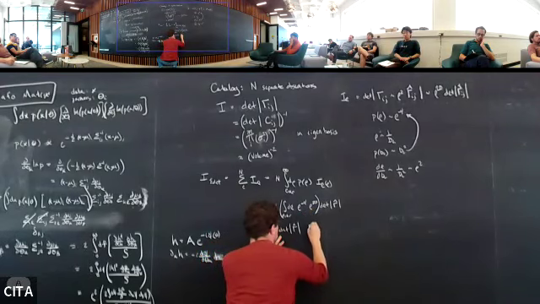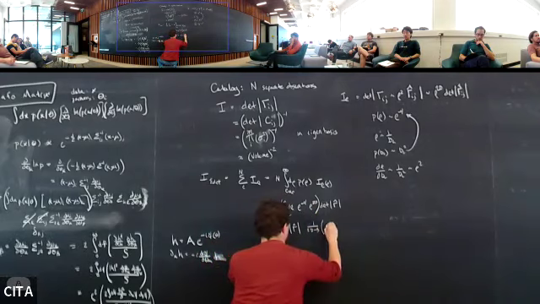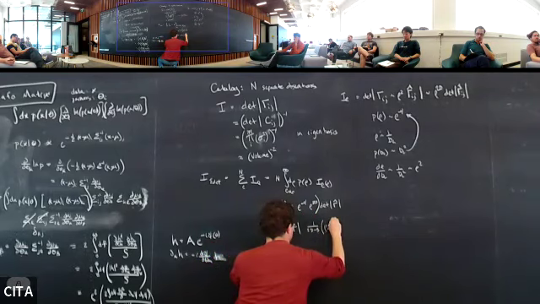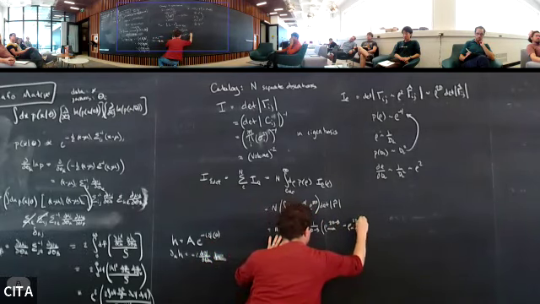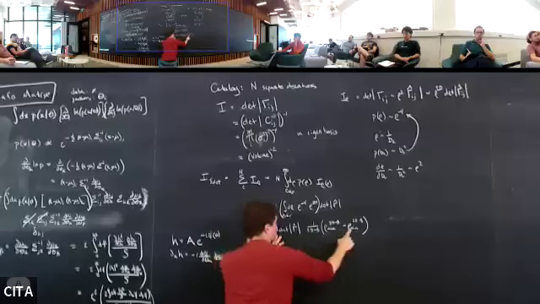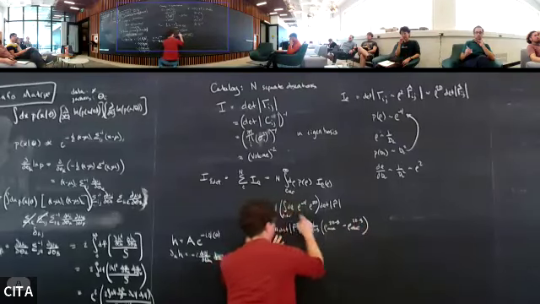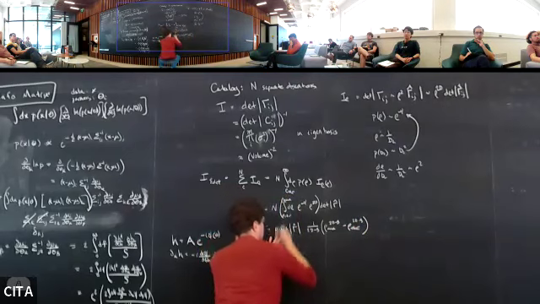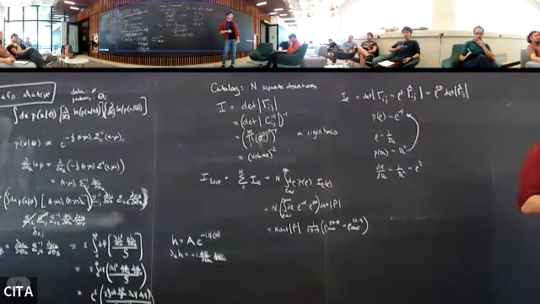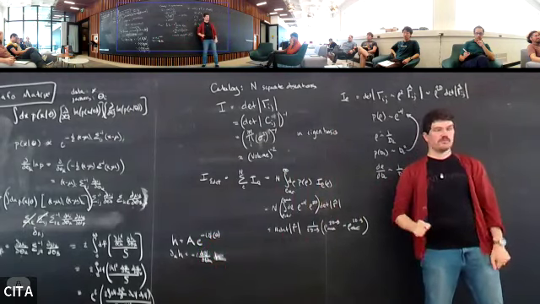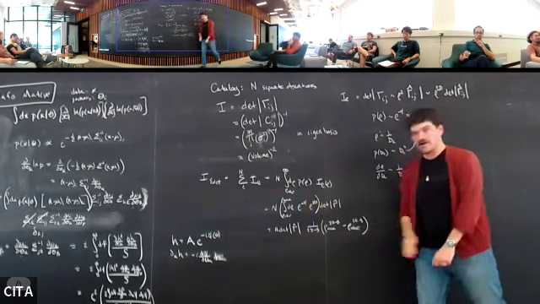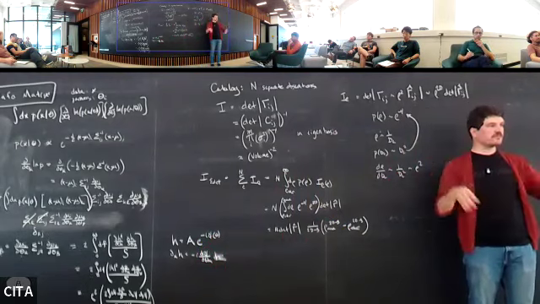So this will end up looking like 1 over 2d -3, times rho max to the 2d -3 minus rho threshold to the 2d -3, and I've introduced a maximum here. Voila, I remembered my counting and I did a power law. Great. Excellent.